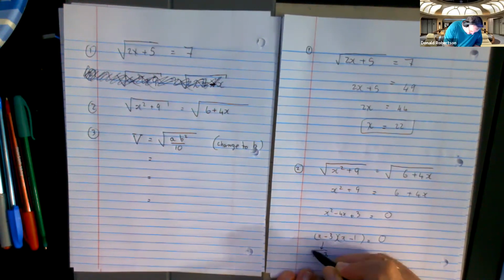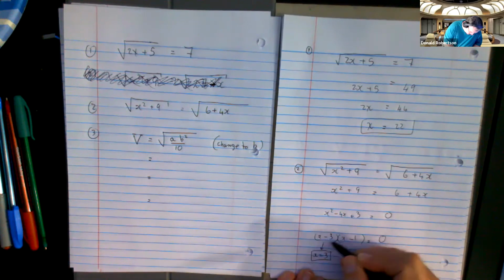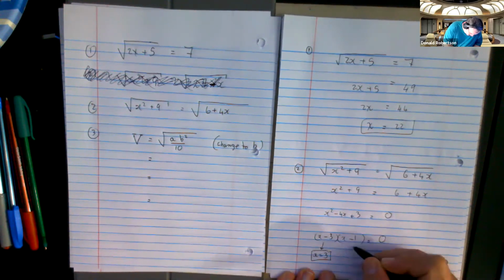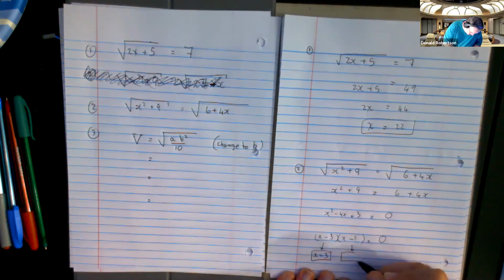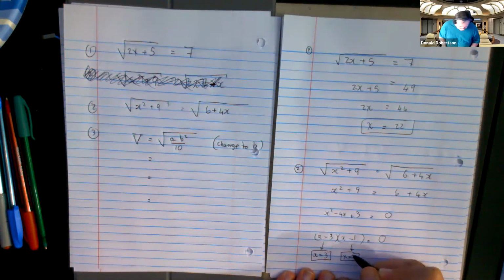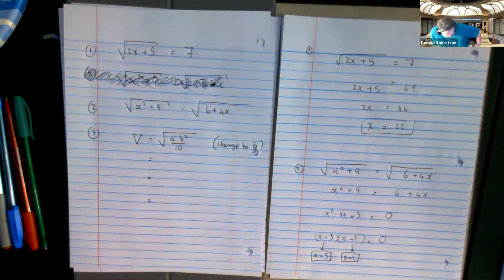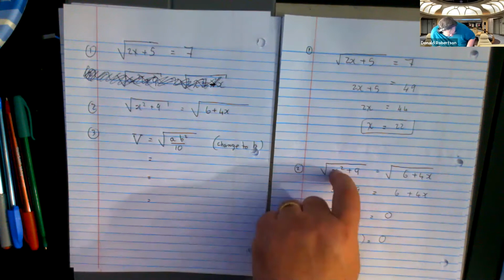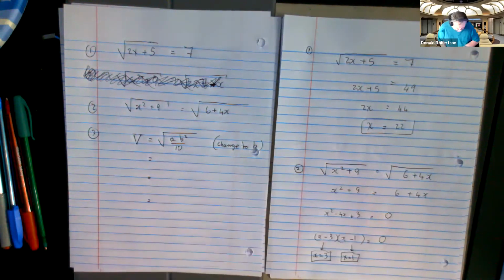The first one is what makes this factor 0: x equals 3. And the second one is what makes that one equal 0, and you get 1. And now I'm going to do a quick check. Works. Works. So both of them work. I can keep both answers. I just did it in my head, but you can trust me, both work so you don't kick anybody out.